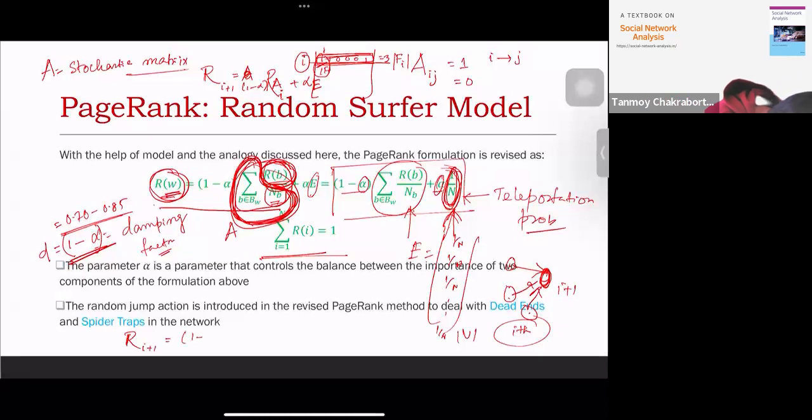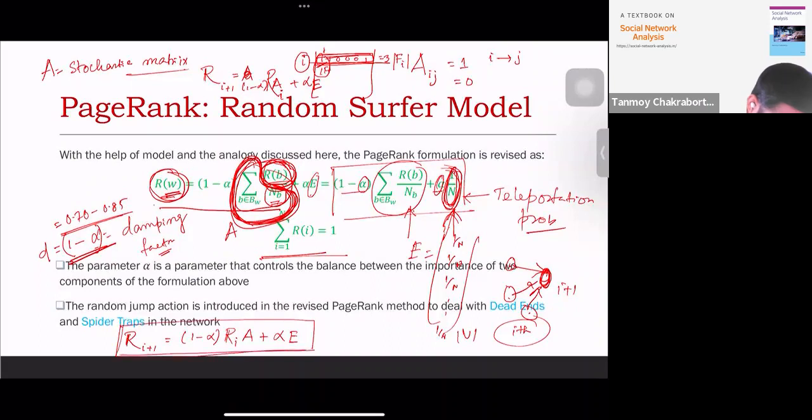It is 1 minus alpha R I A plus alpha E. E is again a V cross 1 matrix where each entry is 1 by n. It's a V cross 1 or 1 cross V; you just adjust it depending upon the dimension. This is the matrix, the closed form recursive formulation.